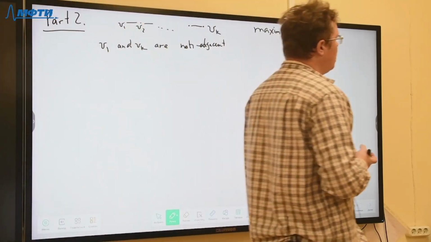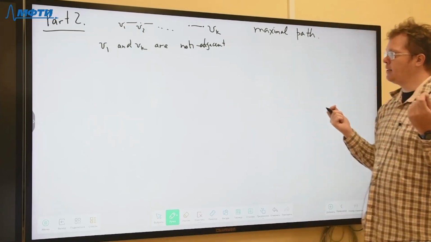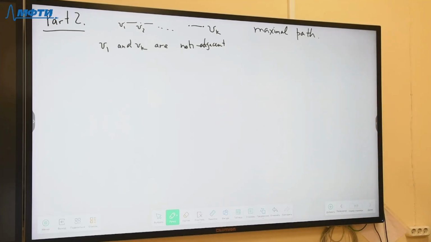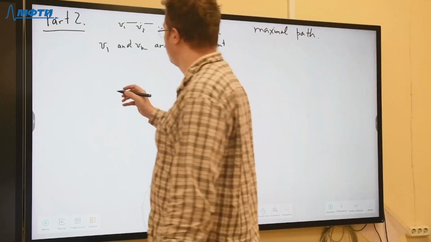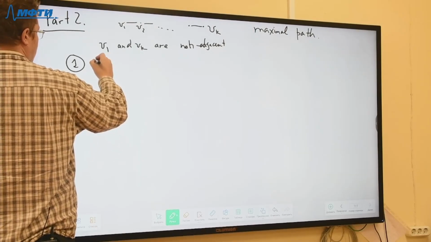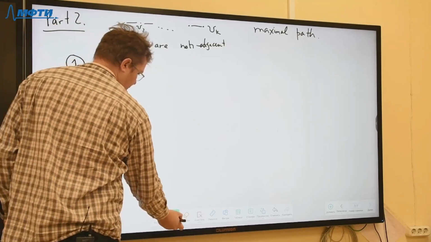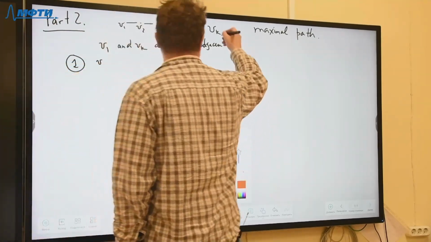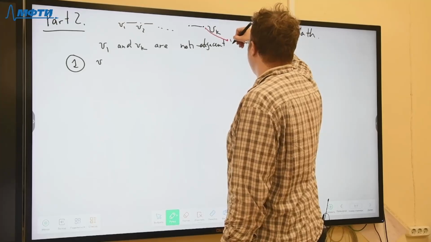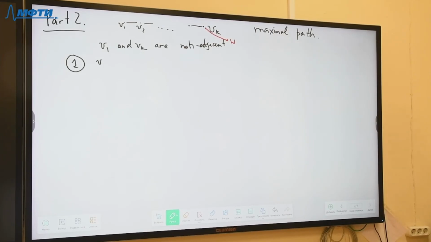So first of all, V1 and Vk cannot be connected to the vertices outside this path. If one of them has an edge outside this path, for example Vk is connected with some W, then this was not a path of maximal length.